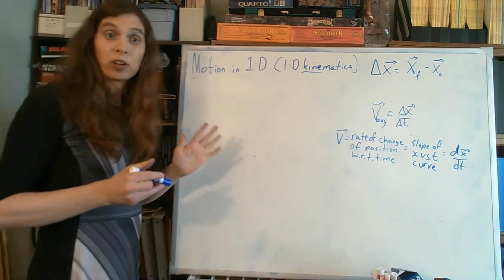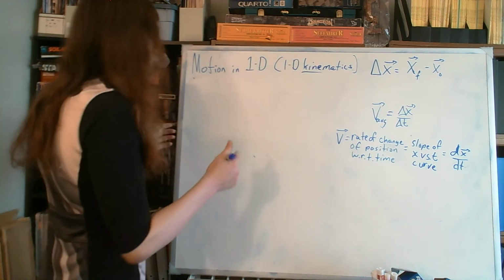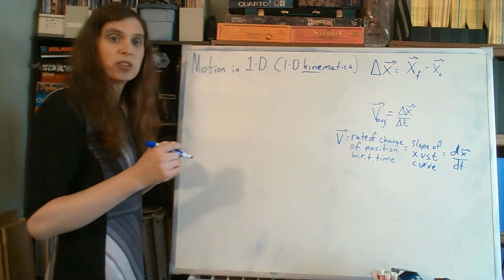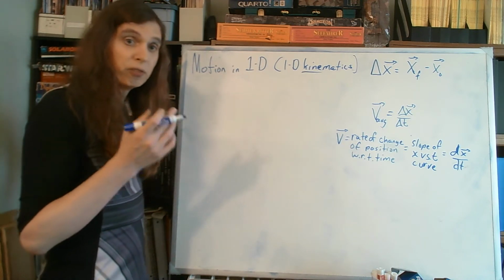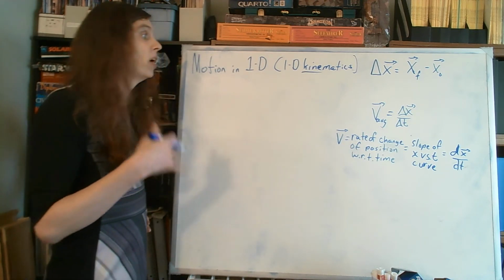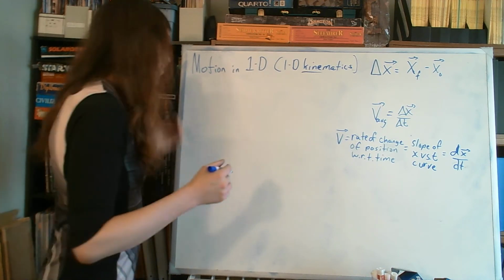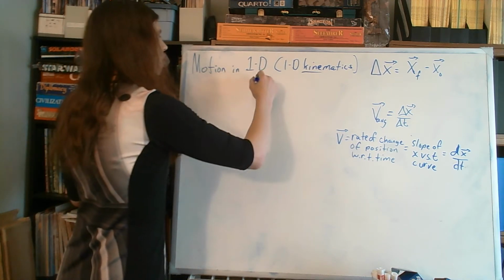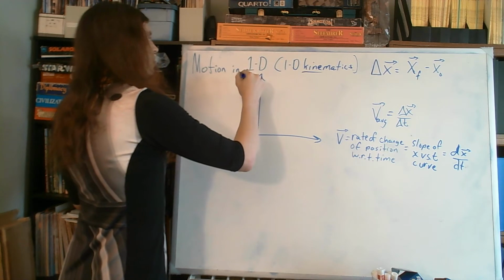But now I want to take a look at situations where velocity changes. So let's imagine a situation. I want us to solve a very simple problem and graph what's going on alongside. So I'm going to make a graph here showing velocity.